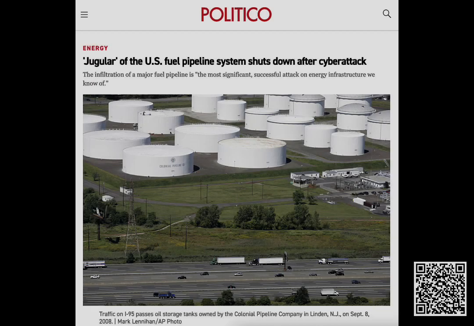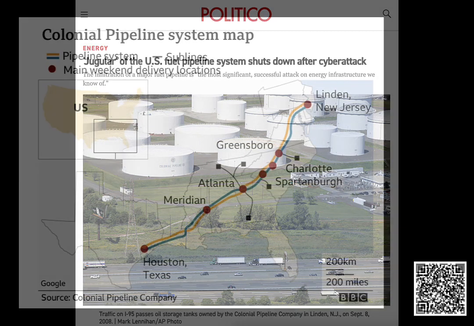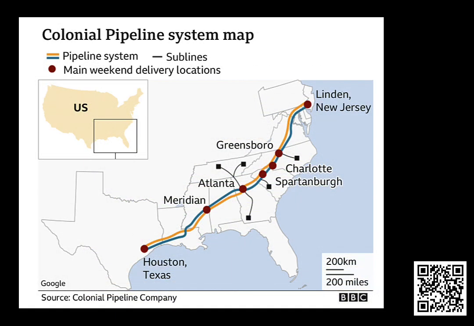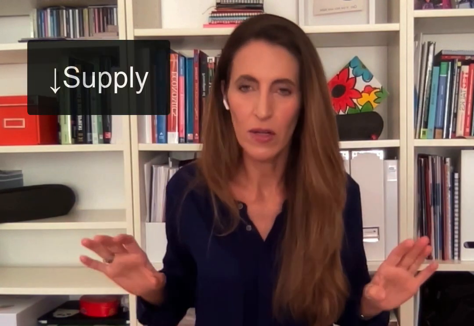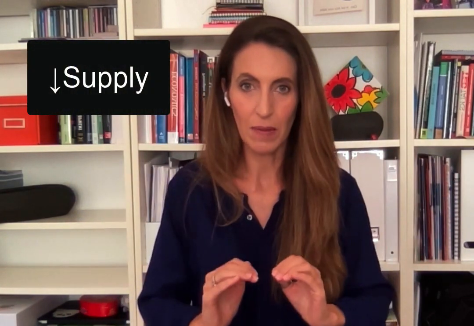Okay, so you're hearing me talk about supply and demand, and most people have heard about them. Maybe you have too. So here's another example. Do you remember hearing about the cyber attack that shut down the Colonial Pipeline in May of 2021? The pipeline transports about 50% of the fuel consumed on the East Coast. So it's a real big deal. Immediately, my mind starts picturing supply decreasing.